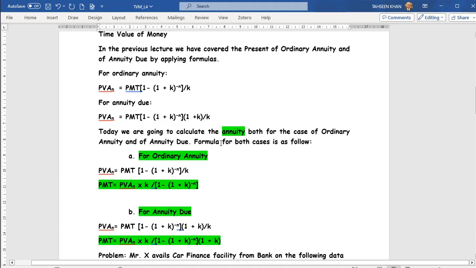Today we are going to calculate the annuity both for the case of ordinary annuity and annuity due. The formula for ordinary annuity is here. From this formula, we are going to develop the formula for PMT, that is annuity. You can also write here annuity.